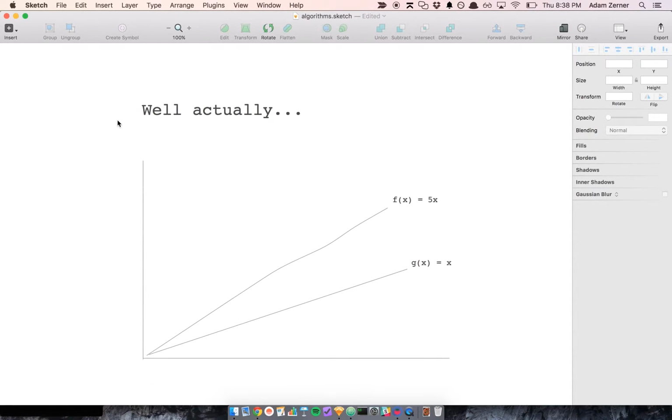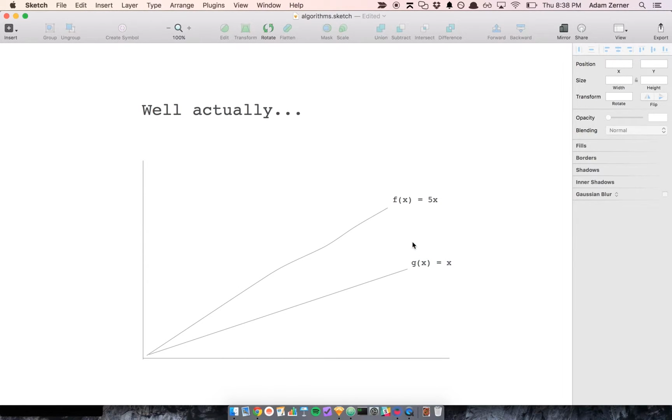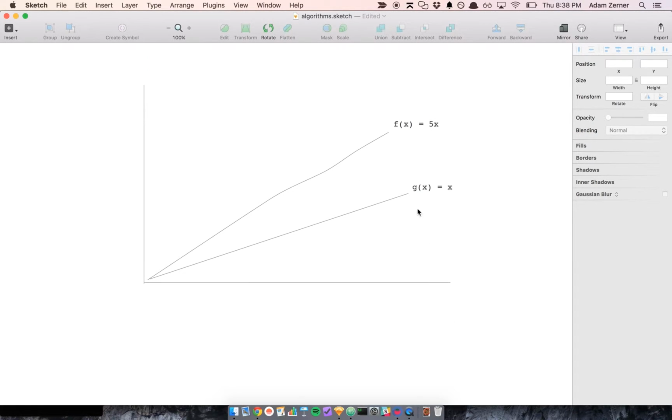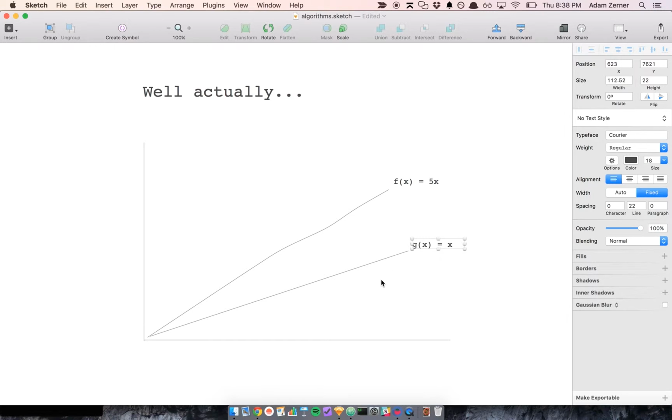And the second qualifier is, let's say we have this function f of x, and we want to see what its upper bound is, what its big O is. And we want to know, well, is it big O of x? By my original definition, the answer would be no, because g of x isn't an upper bound of f of x. It's actually always lower than f of x.